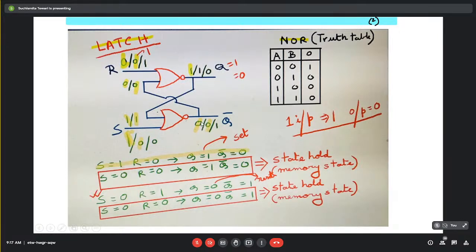That is 0, it was the previous one, and the new output is also 0. So here the 0 is being fed as one of the inputs. Now it is becoming 0 and 0. So 0, 0, that means here it is 1. Okay. So if 1 0 condition is followed by 0 0, we are saying that this actually is holding the previous state. That is no change in the output. It is 1 0, it is 1 0.